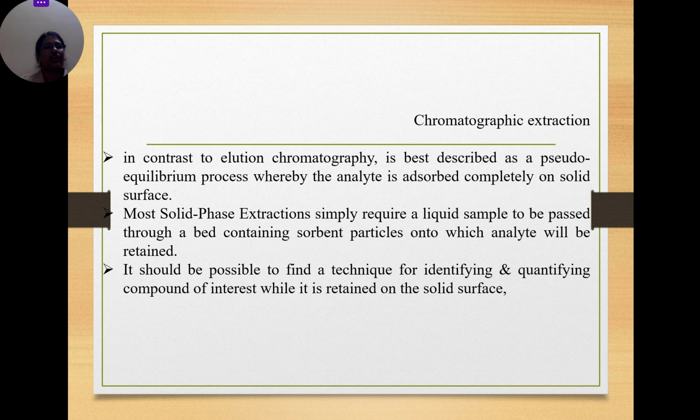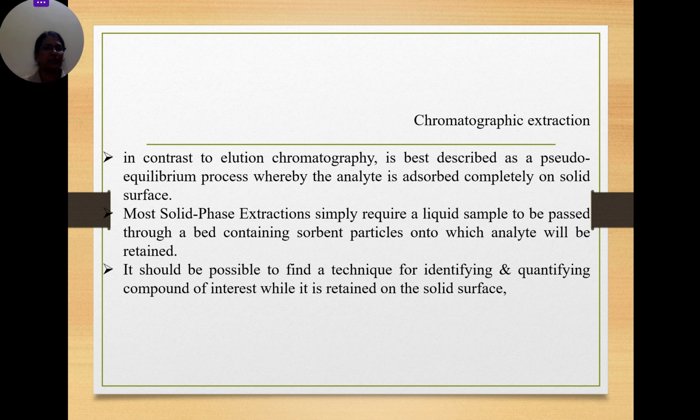So chromatographic extraction, this is elution chromatography, is best described as a pseudo-equilibrium process, because the analyte will be completely adsorbed on the solid surface. Most solid phase extractions require a liquid sample, which is passed onto the sorbent particles, onto which the analyte will be retained.